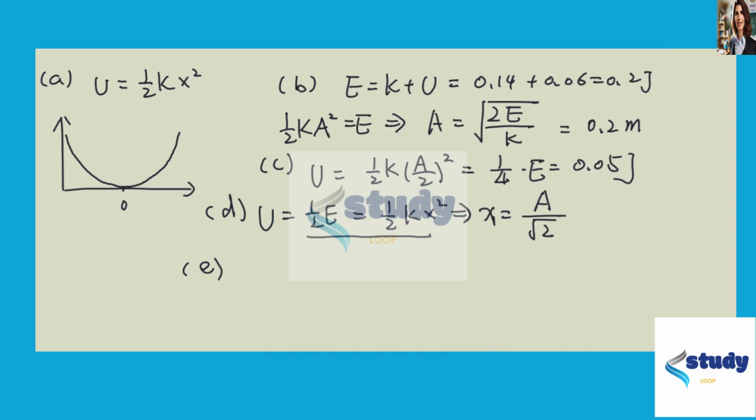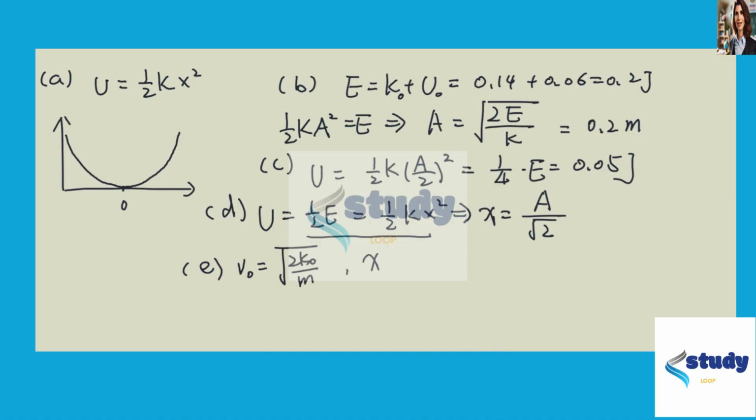So the last question. Since the initial kinetic energy and the potential energy are given here, right? So we can calculate the initial velocity, which is square root of 2 times the initial kinetic energy over m.